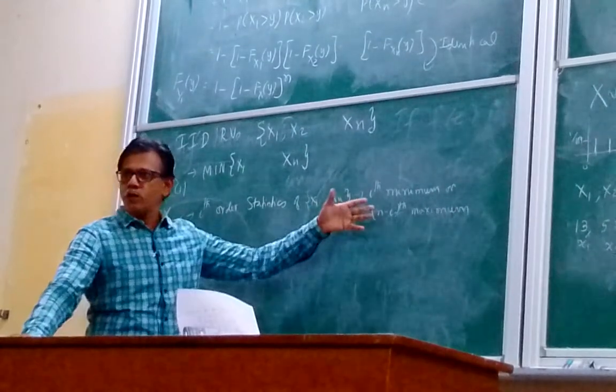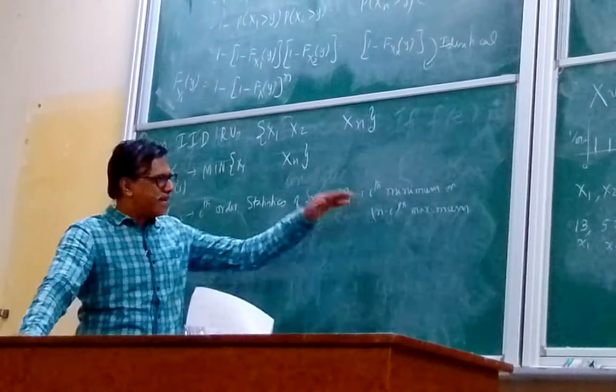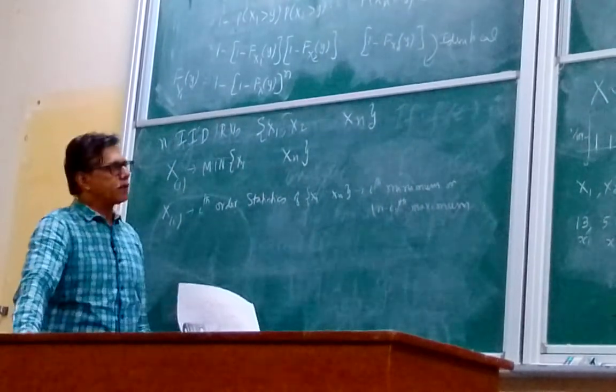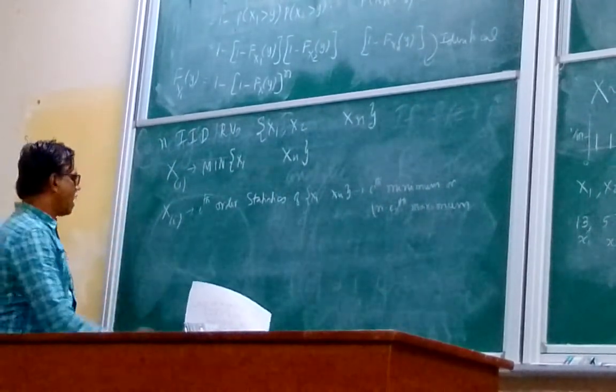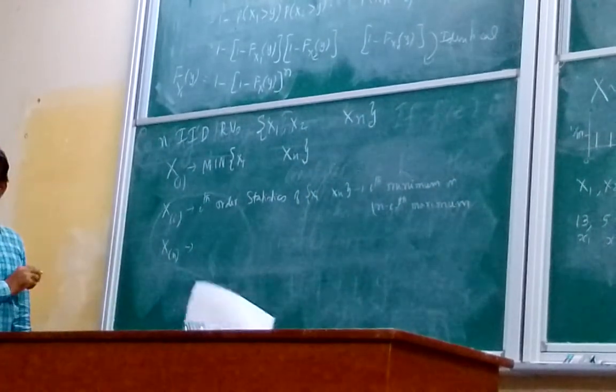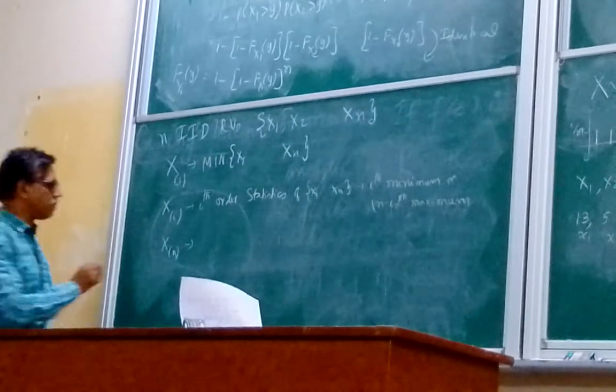It's a verbal one, you should clearly understand what it means. Ith minimum means the second minimum, third minimum, ith minimum. And x(n) is what? The maximum.